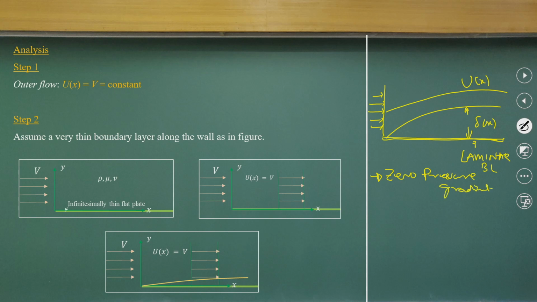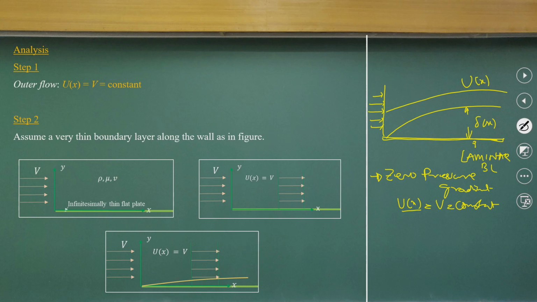That means we are not considering the pressure gradient a major part of boundary layer formation, then U x will be V, which is constant. If that is the condition, the same x momentum equation can be simplified, as these U x components become constants.